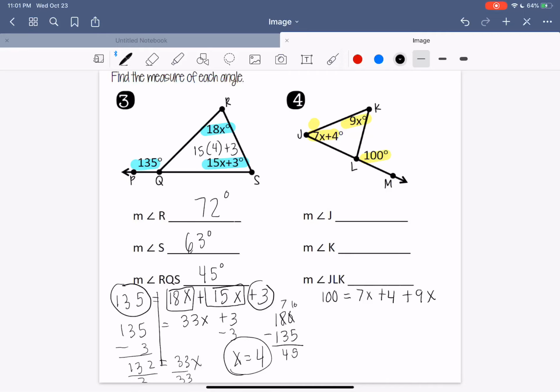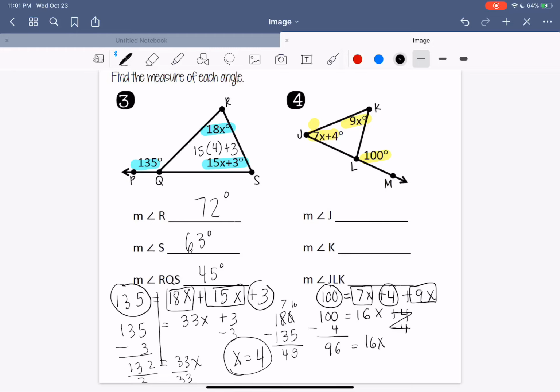I'll box my variables and circle my constants so we can combine 7x and 9x because they are like terms, and we will get 16x plus 4, and we still have our lonely 100 over there. But it's not going to be lonely once we subtract 4 from each side. We'll have 96 equals 16x.